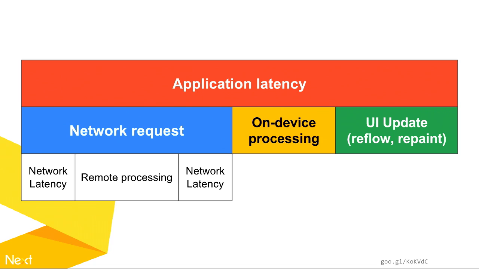OK, so I'm starting to wrap up. We've looked at various aspects of application latency, or perceived performance, comprising the performance of these network requests, whatever's happening on the device, including UI updates, whether you can do any tricks to send things asynchronously, both on the front end and the back end, and getting closer to your users to reduce that network latency.